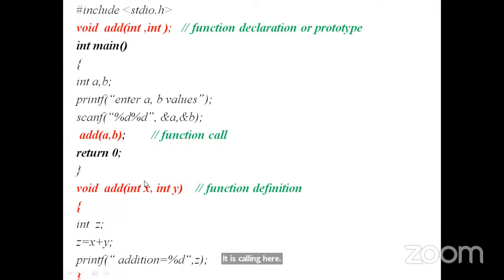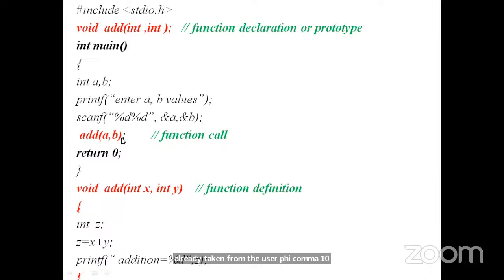Now in place of int x, int y, what values will be stored? Tell me please, type the answer. 5 comma 10, because in place of a comma b we have already taken 5 comma 10 from the user, and this is the function call.